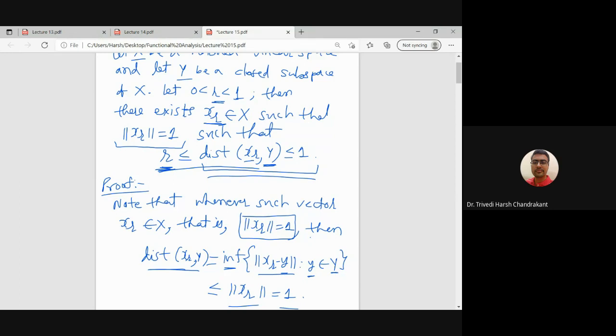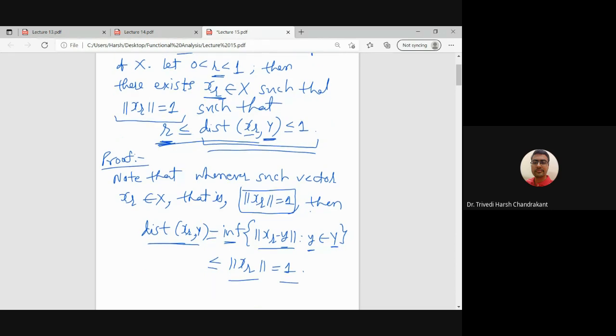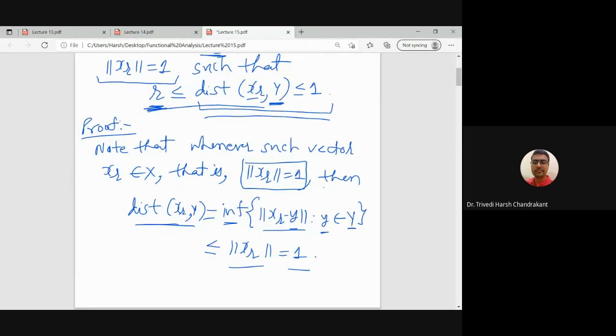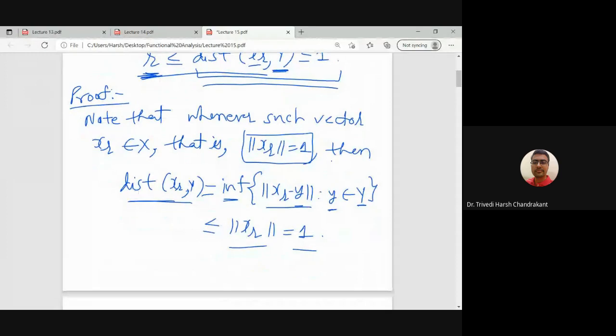Right. So the only thing we need to prove here is for 0 less than r less than 1, there exists xr such that its norm is 1 and r is less than or equals to distance of xr with Y. Okay, so let us try to prove that part.